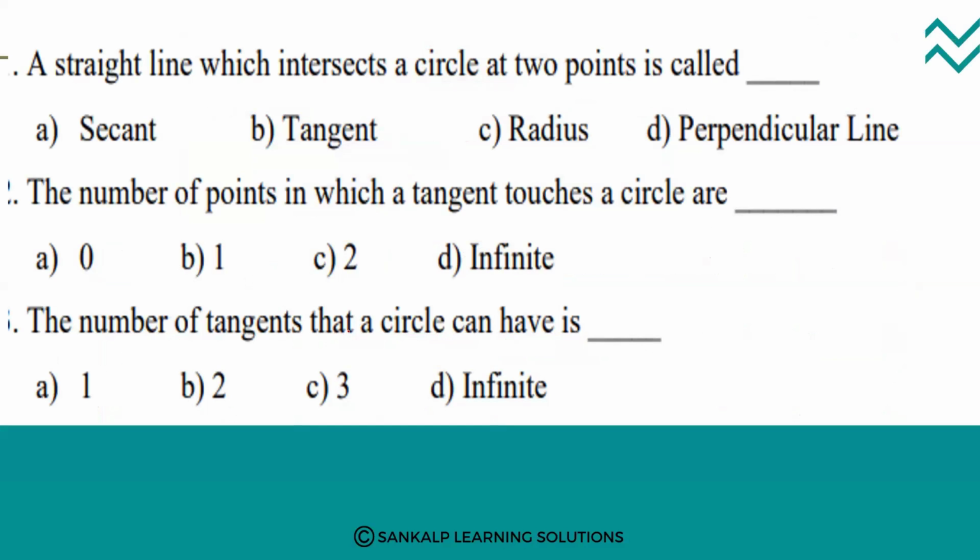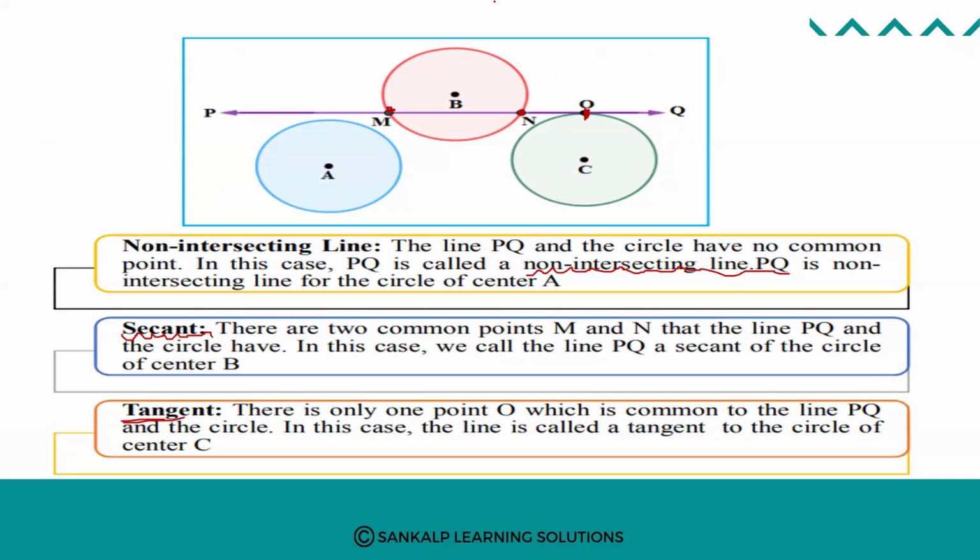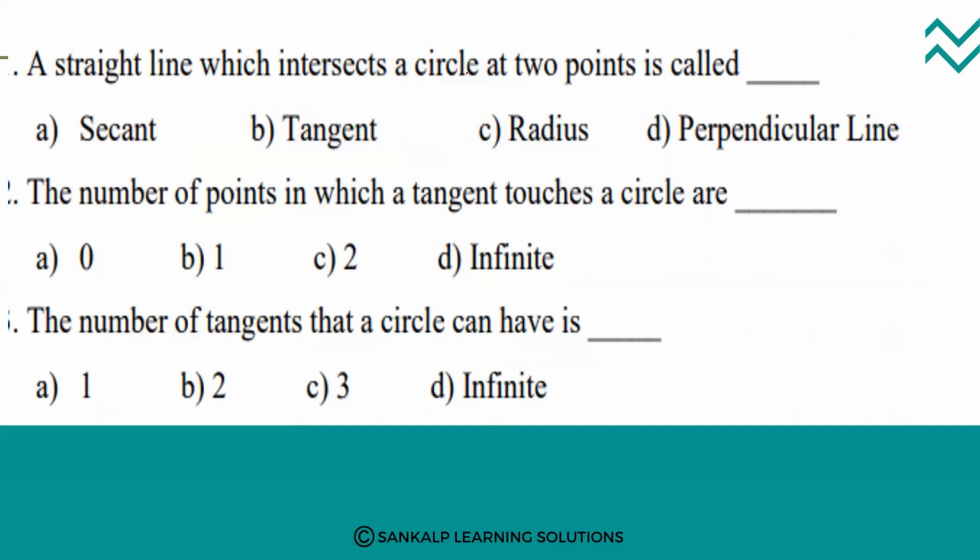Yes, first question is, a straight line which intersects a circle at 2 points. See here, the straight line PQ is intersecting at 2 points. So this line we call a secant. That means a straight line which intersects a circle at 2 points is called a secant.